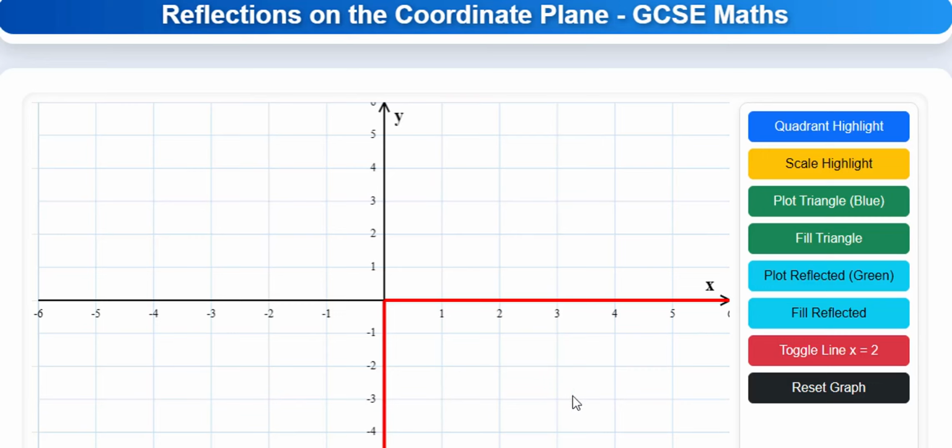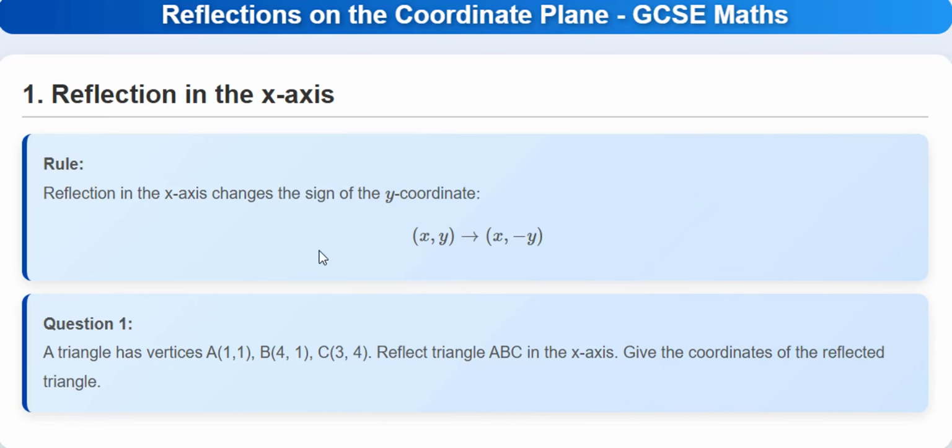So with that knowledge, we can try to plot or to reflect some figures on this Cartesian plane. The Cartesian plane is simply the graph itself. So the first rule of reflection is that if you are told to reflect a figure on the x-axis, the x coordinates of that figure remain the same, but the y coordinates change to negative.